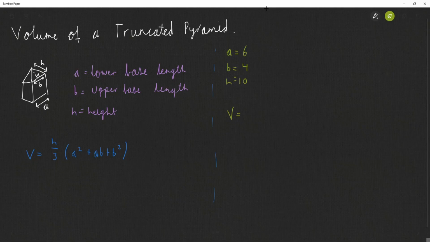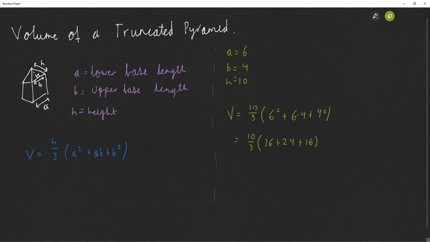Our volume here is going to be equal to h over 3, which is 10 over 3, multiplied by a squared, which is 6 squared, plus 6 times 4 plus 4 squared, which gives us 10 over 3 multiplied by 36 plus 24 plus 16.